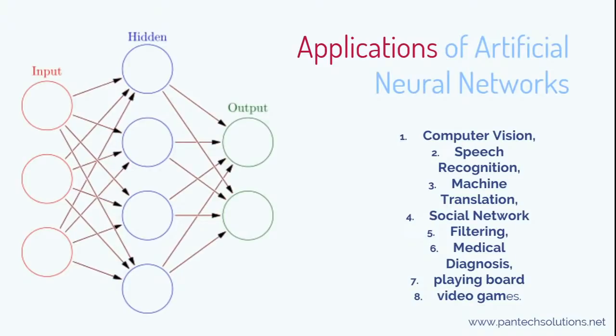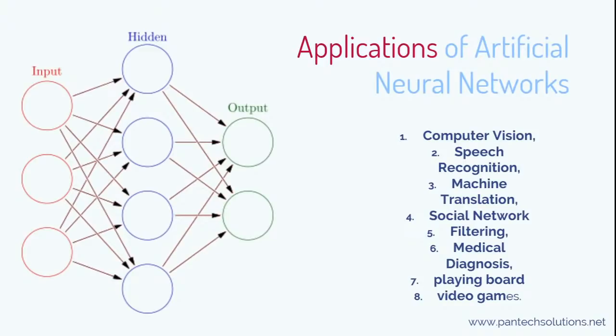If you want to train on videos or pictures, you need a computer vision package, which converts the picture into matrix-type values, and then we train the algorithm.